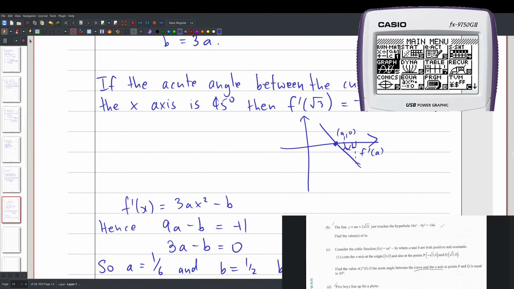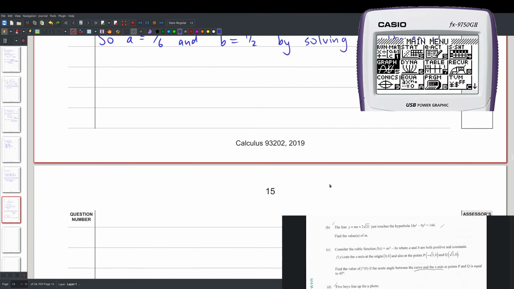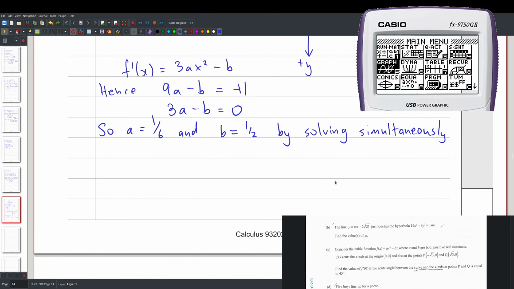Oh, and then this can be like, I don't know, y plus y negative y. There we go. And then the final thing is find f prime of 0. f prime of 0 is equal to negative b, which is equal to negative half.